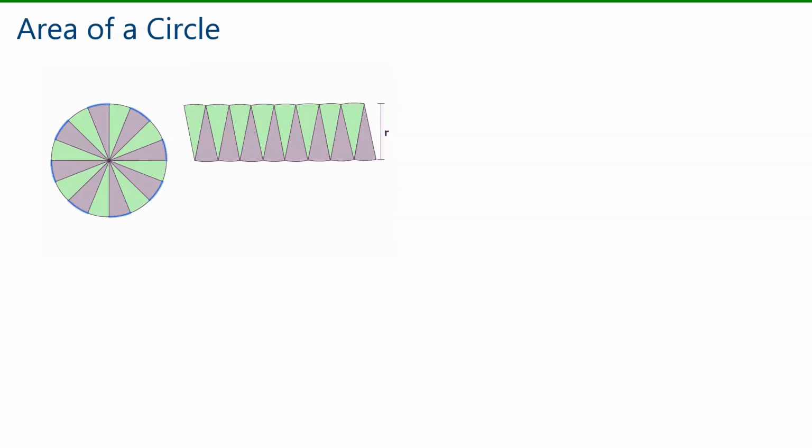Focusing on just the purple pieces on the outside edge of the circle, that's essentially half of the circumference. So since circumference is 2 pi r, half of that is 2 pi r over 2. So let's go ahead and find the area of this parallelogram.